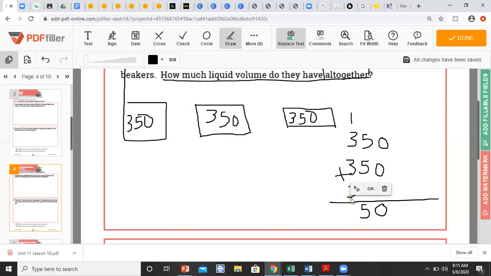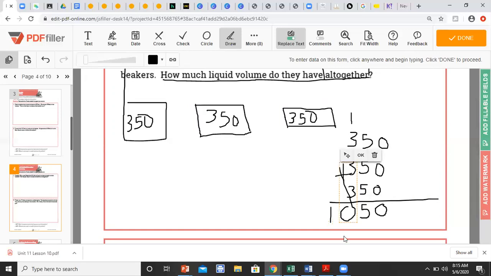Okay, boys and girls, I apologize for that. So we know that 3 plus 3 gives us 6. 6 plus 3 gives us 9, and 1 more gives us 10. So our answer is 1,050 milliliters.